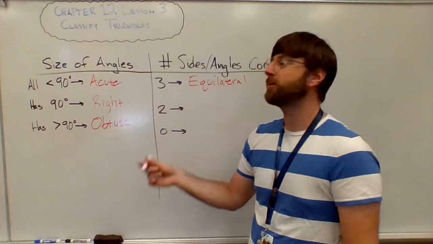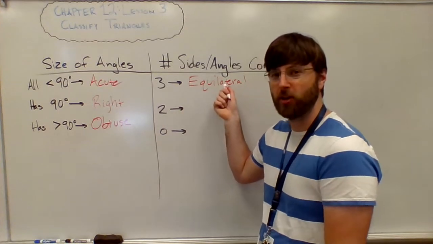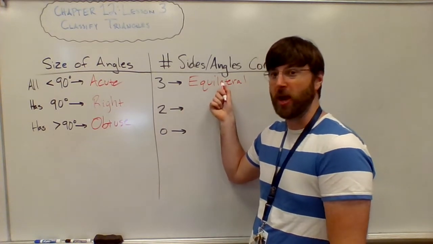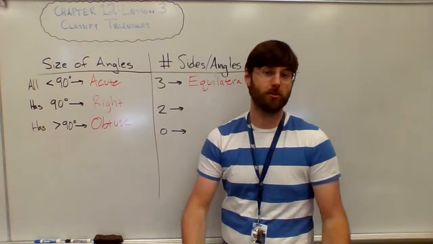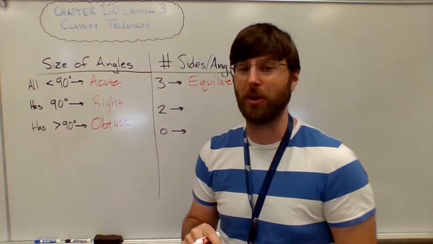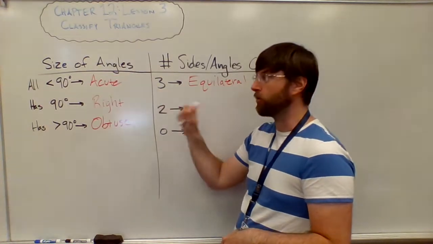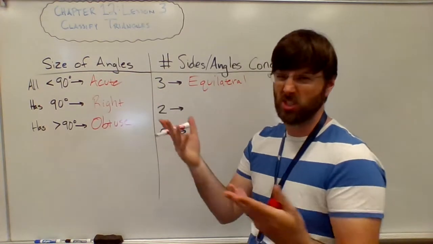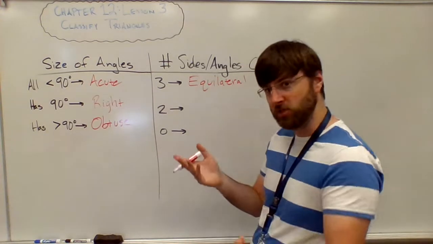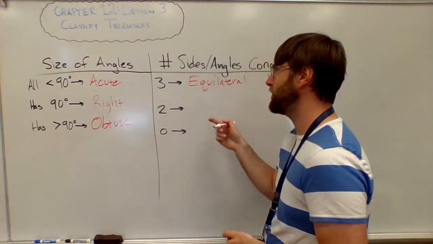You can't draw an equilateral triangle any other way than with 3 acute angles. You can try if you want to, but you won't be able to do it. So that's kind of cool. Every equilateral triangle is an acute equilateral triangle. You can just say equilateral and it would be fine. But if you say acute, that's cool too, because it shows that you understand that.